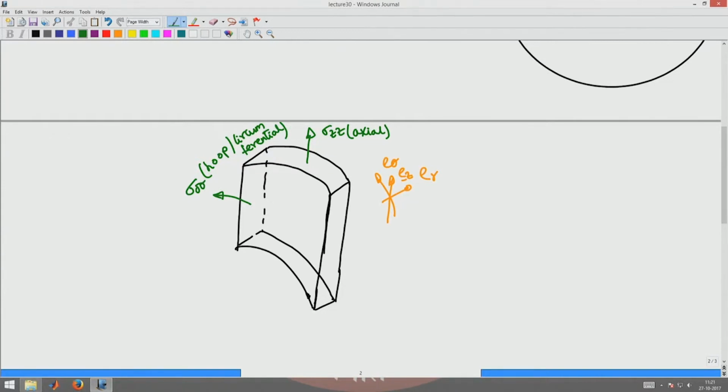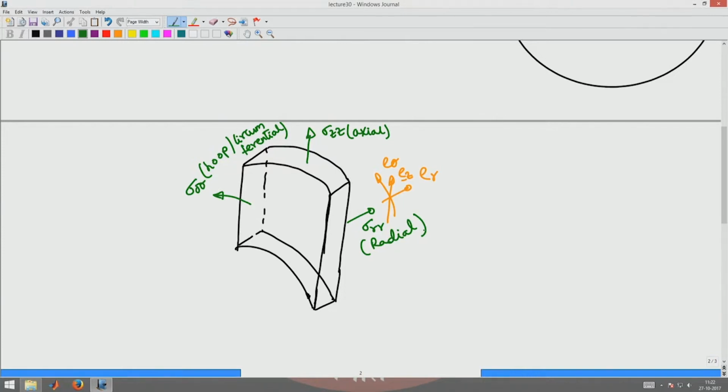Now, let us look at the positive surface whose normal coincides with the radial basis. That positive surface is this surface in here, that is, the normal ER acting on this face coincides with the positive oriented radial basis, and hence this stress is sigma RR or the radial stress.